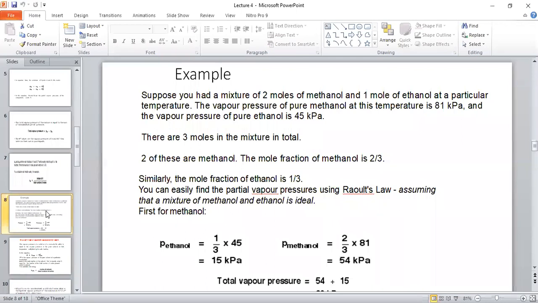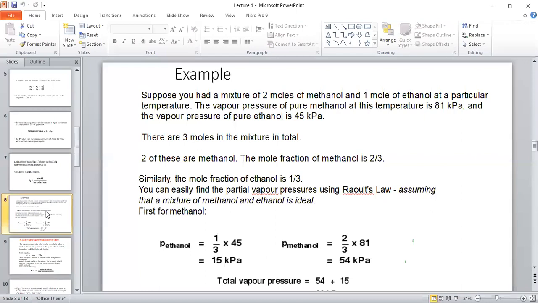The vapor pressure of pure methanol at this temperature is given as 81 kilopascal, and the vapor pressure of pure ethanol is 45 kilopascal. Now you see that we have 3 moles in the mixture, that is 2 moles of methanol and 1 mole of ethanol.